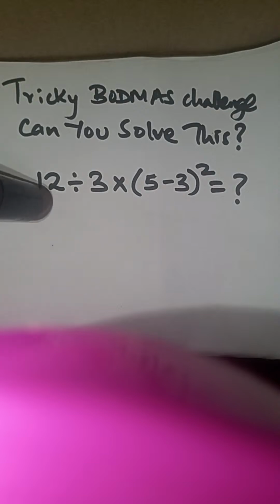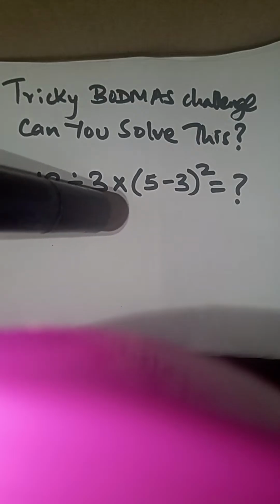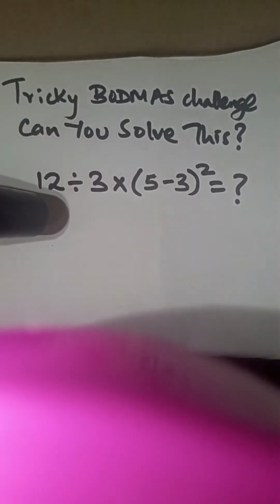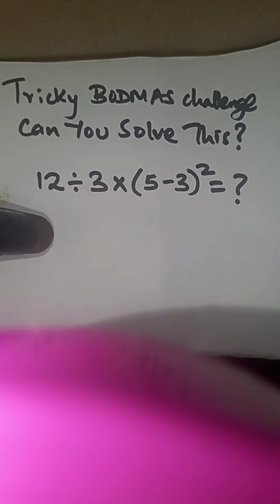So 12 divided by 3 multiplied by 5 minus 3. What do you think the possible answer is? It's indeed a very tricky BODMAS challenge.